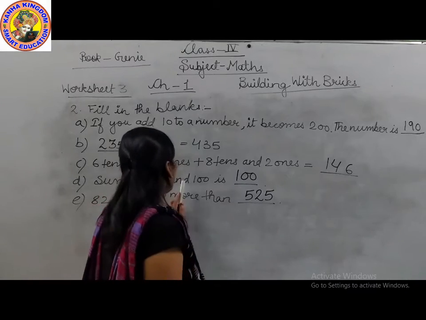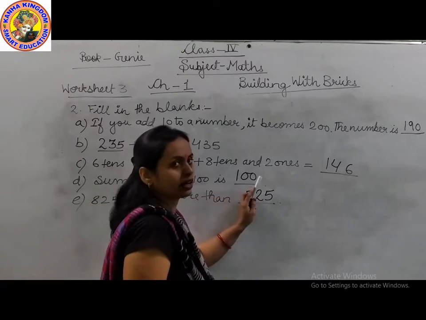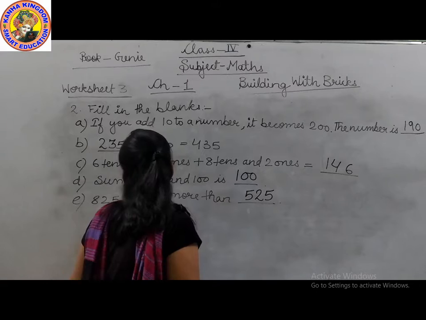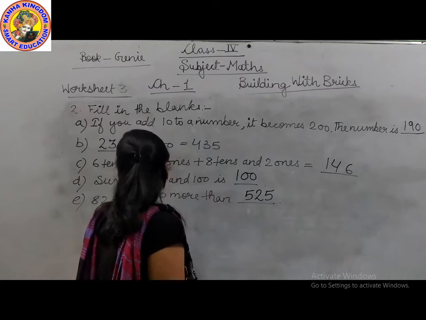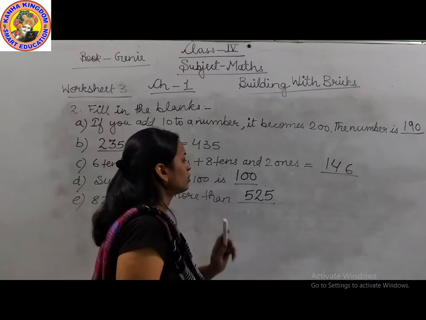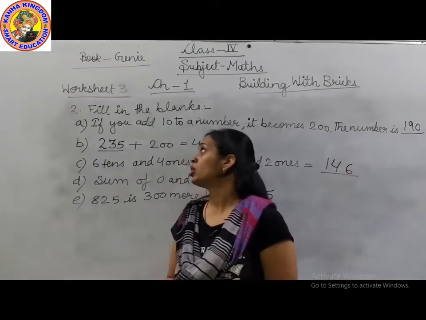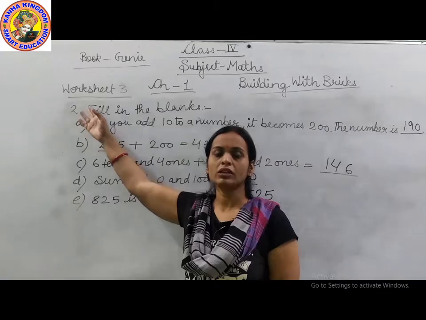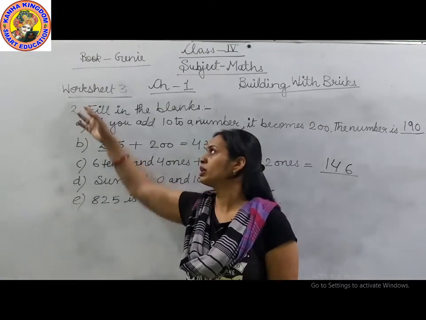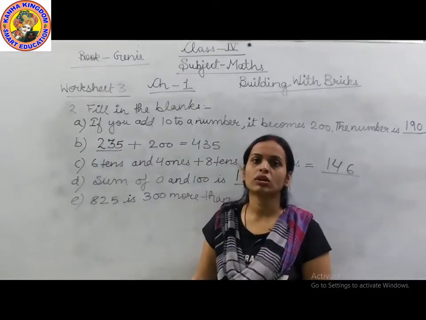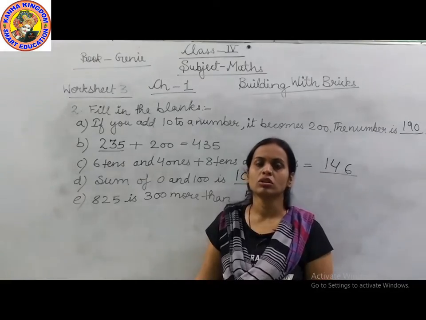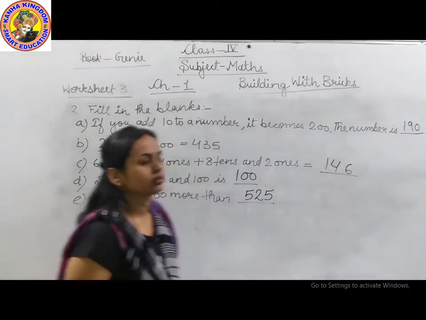Sum of 0 and 100 is 100. 825 is 300 more than 525. Rest of the blanks of question number 2, solve in your GD book, and question number 1 also solve in your GD book.